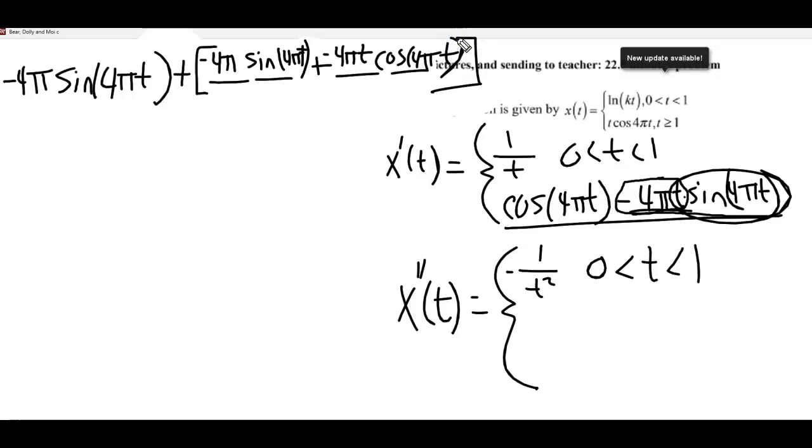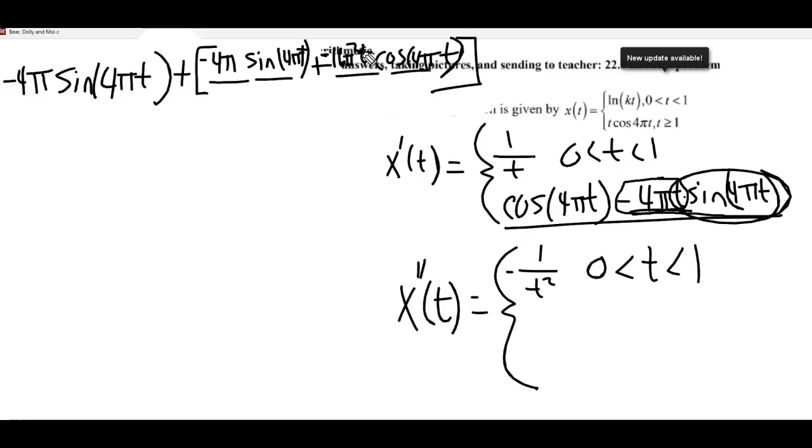And we also have to multiply by the derivative of the inside because that is a chain rule. So the derivative of the inside is 4 pi. I already have a 4 pi here, so I'm just going to multiply the 4 pi times the one that I already have. So 4 pi times 4 pi is going to end up giving me negative 16 pi squared.